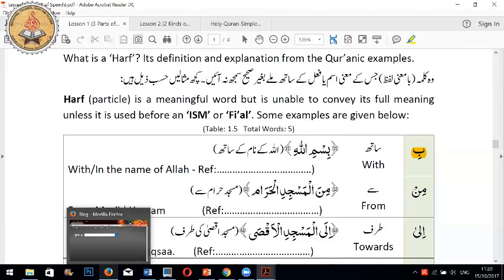O ye who believe, seek Allah's help through patience and prayers. Ya ayyuhalladhina amanu ista'inu bis-sabri, through. So the sentence, the jumla, the verse, the expression will dictate the right meaning, the right translation in the context.